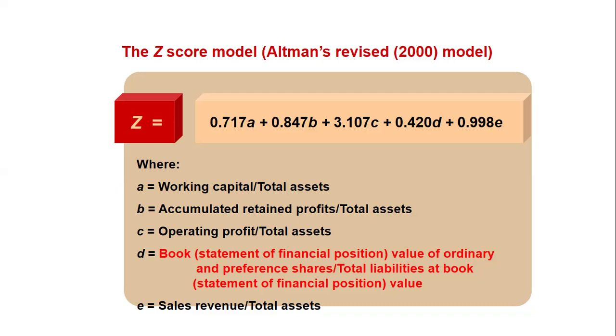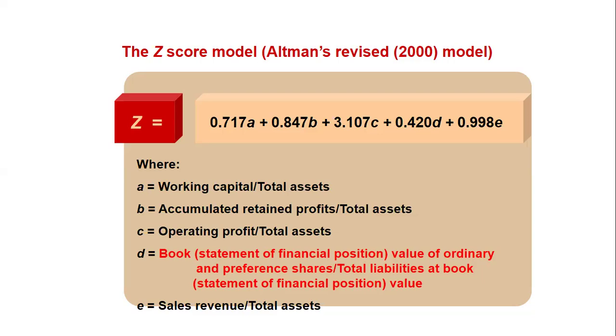Here they are using the book value of ordinary shares to the total debt. That's the book value of debt. That is the ratio that had changed. The first one, they were using the share price to debt. Now they are using book value of equity to the book value of total liabilities.